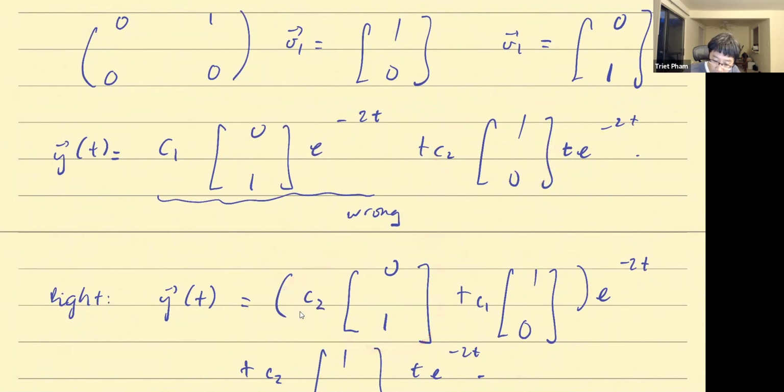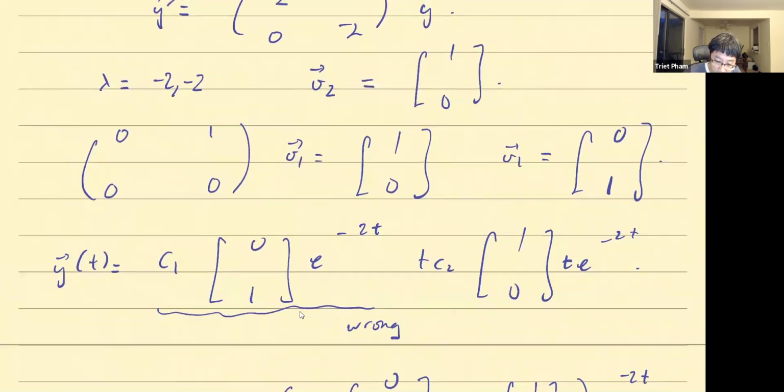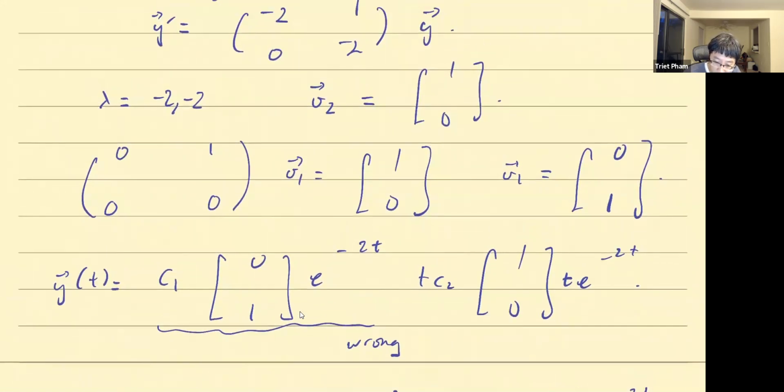What about the C1? The C1 is a free degree of freedom for this solution right here. Remember last time I remarked that this is not the only choice of solution. Basically, 0, 1 plus any constant times the homogeneous solution will solve this system. So this is C1, the freedom.